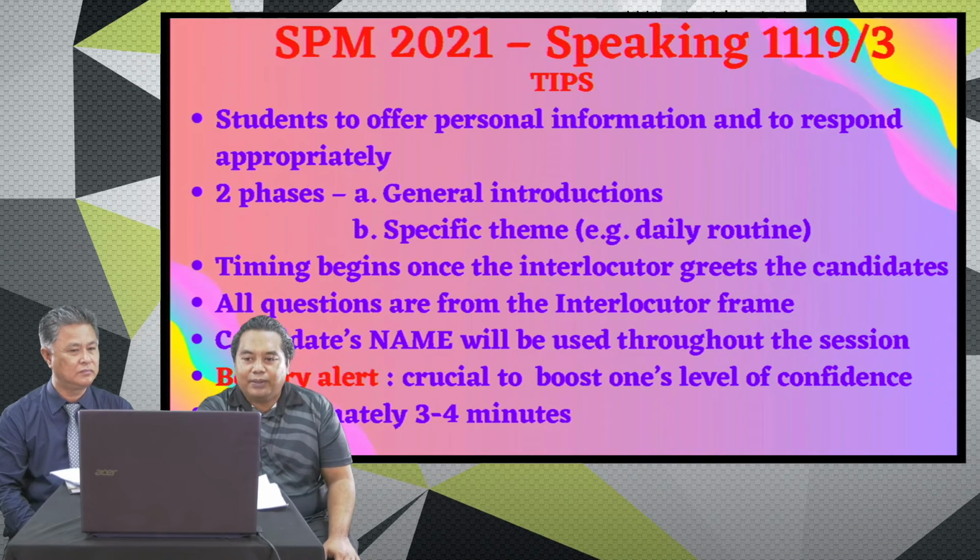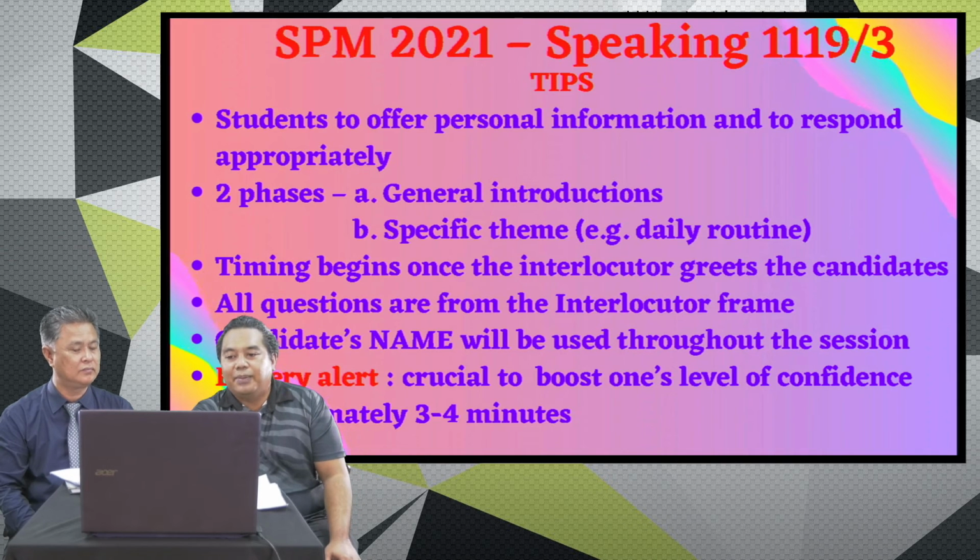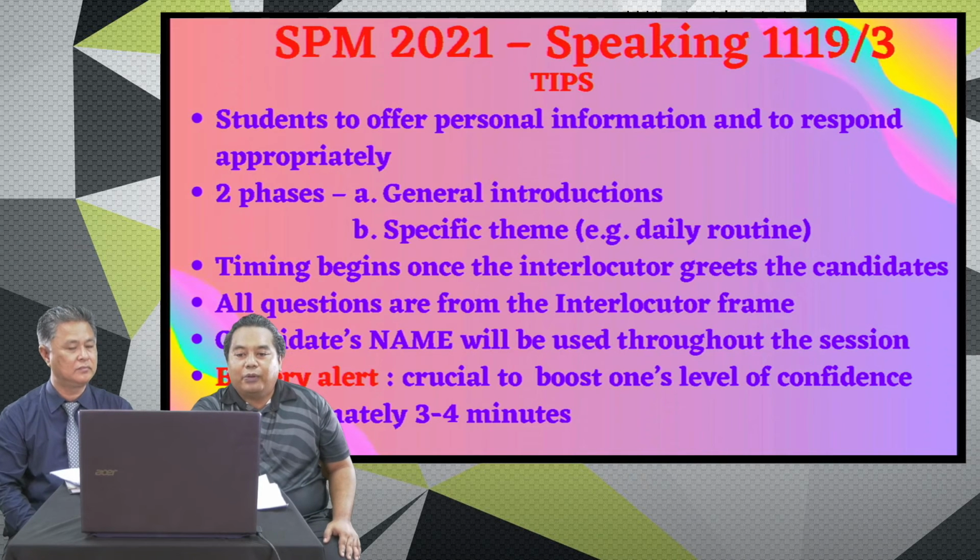Timing begins once the interlocutor greets the candidate. So when the interlocutor greets the candidate, the timing will start. The timing is kept by the assessor and the interlocutor. All questions are from the interlocutor frame.